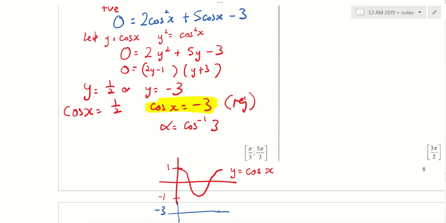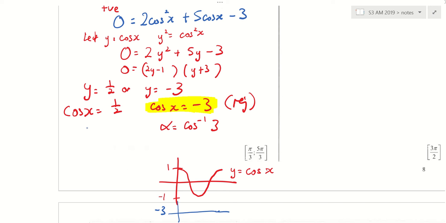May I ask you, do the blue and the red line intercept? No. So there's no way that my answer is more than 1 or less than minus 1. Because here is error, must reject. You can reject already, or you can do this and reject, also can.